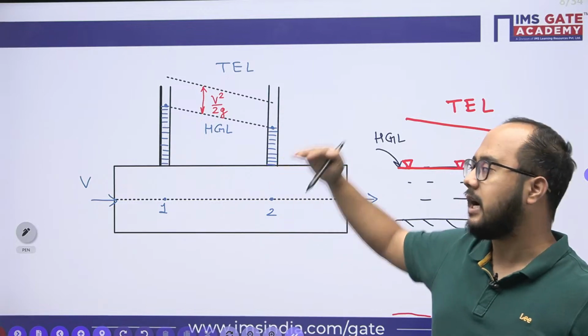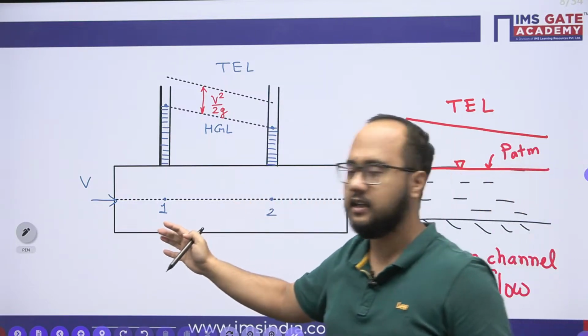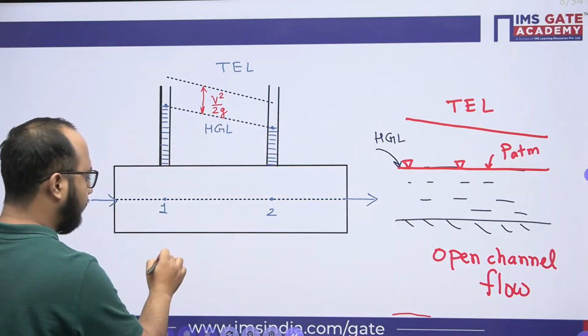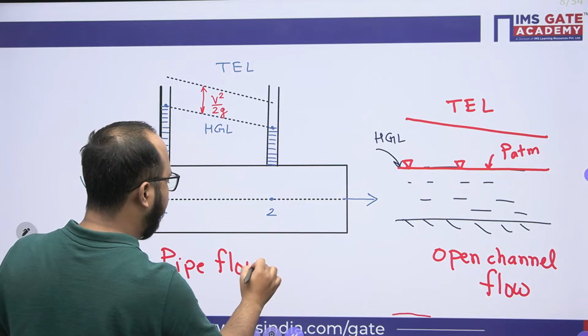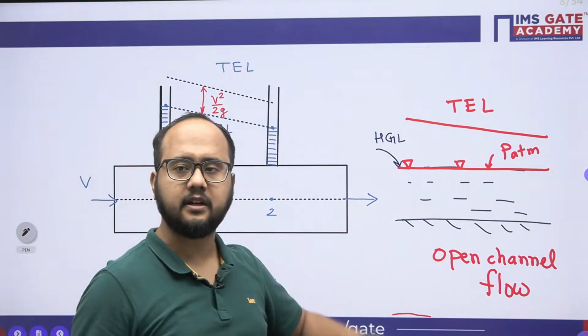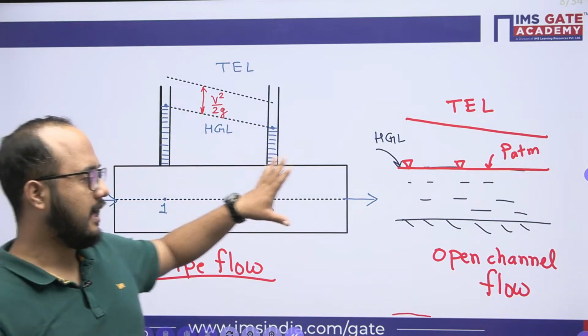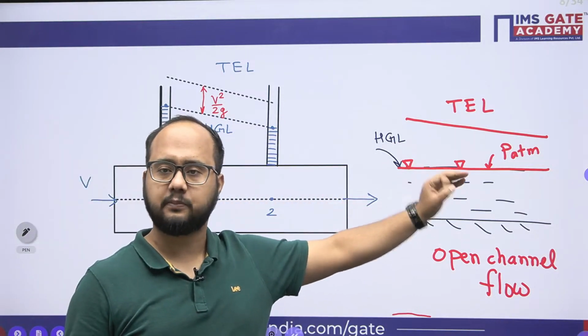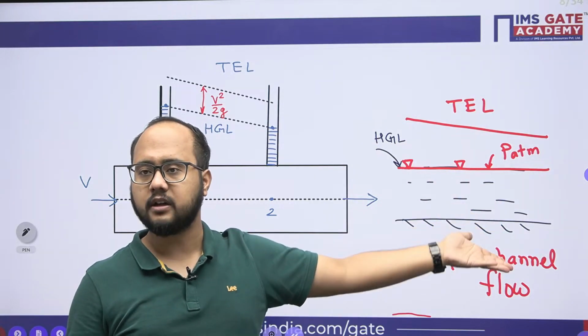It will be much above the pipe wall because it is a pressurized system, right? This is a case of pipe flow. This is a case of open channel flow. Both are different. Open channel flow has atmospheric pressure everywhere on the surface of the fluid. That's why it is known as open channel flow.